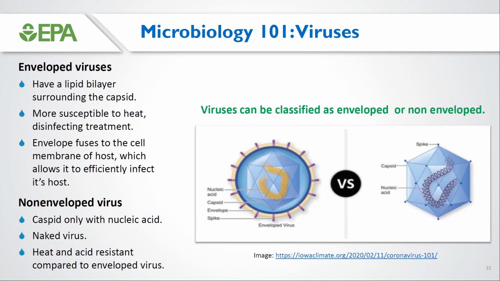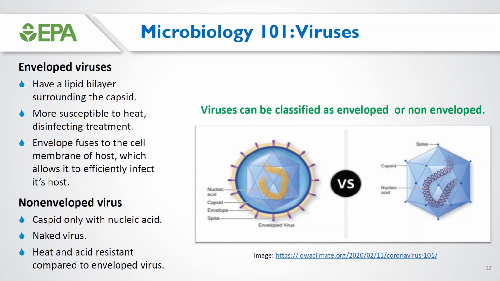Enveloped viruses, in general, because of this fact, are more susceptible to the disinfecting practices that we use during typical drinking water treatment than non-enveloped viruses. The envelope also contains receptors on its protein caps. A lot of these viruses are more efficient at being transmitted and causing disease than a non-enveloped virus.